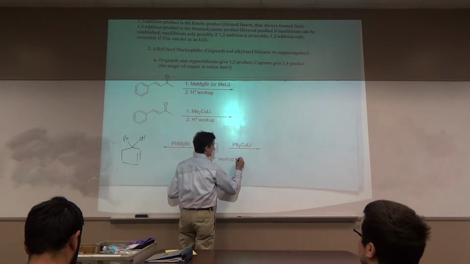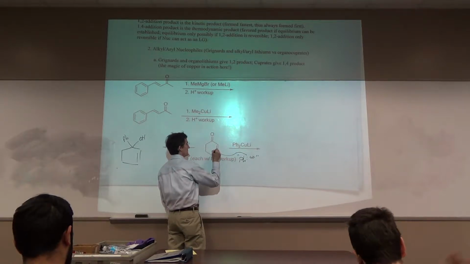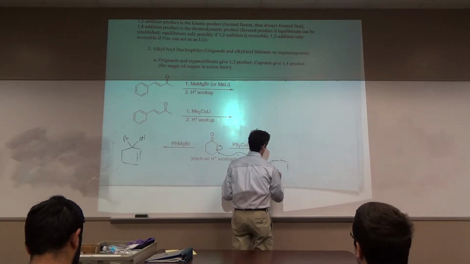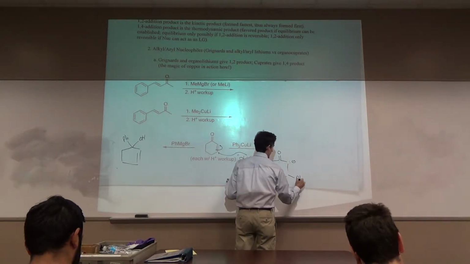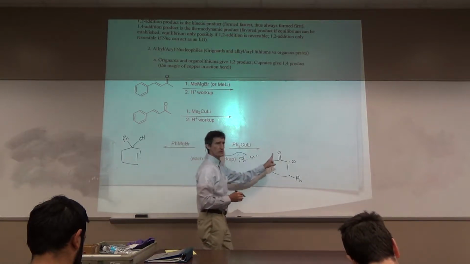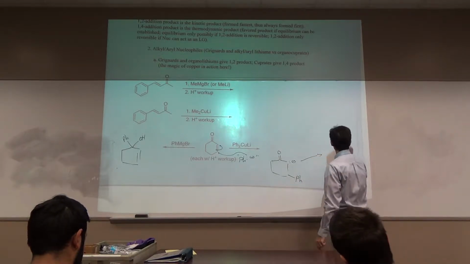Cuprates, on the other hand, the anion that we have here adds to the beta carbon, electrons go here, and we get this anion, the enolate anion. You can show the major resonance structure if you want, and it's going to protonate here with workup.